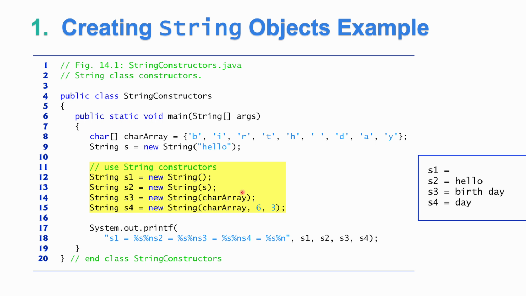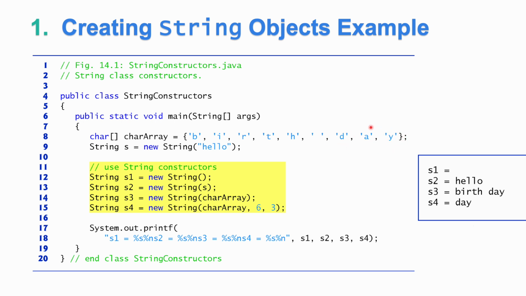Only a portion of the char array is copied to s4. The arguments 6 and 3 in the constructor for s4 indicate that the portion of the char array to be copied starts from index 6 and includes 3 characters.